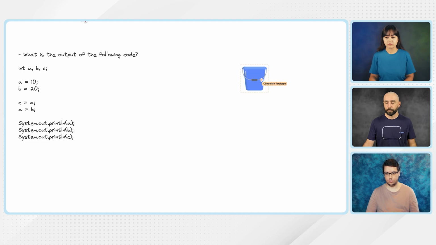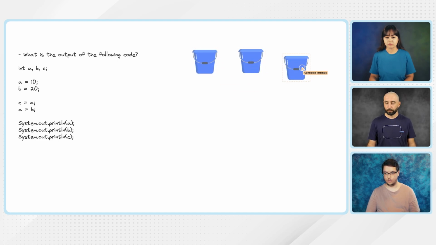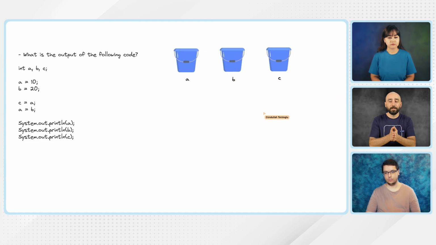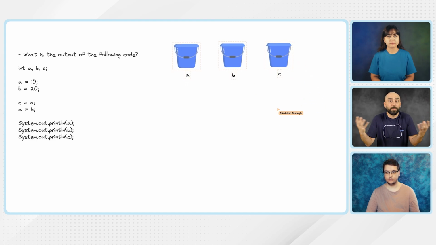Okay, let me put three buckets here. For A, B, and C, let me write it. This one is for A. The other one is for B. And the last one is for C. Basically, whenever we write integer A, B, C in the code, we create those buckets, but those buckets are empty right now.